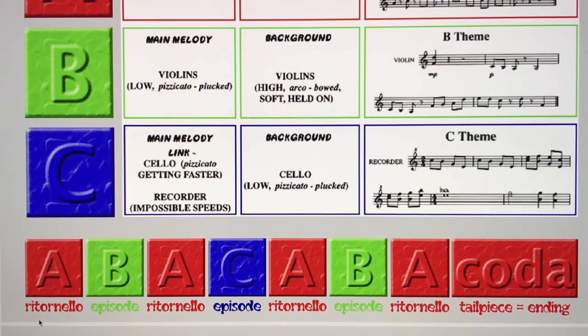It's called ritornello. Then the other sections, the different sections of different ideas, they are called episodes. So you've got the B episode, the C episode, and then the B episode again. And then you've got this special coda, which looks very long, but it's actually not as long as it looks in the piece. And that's your special tailpiece ending.